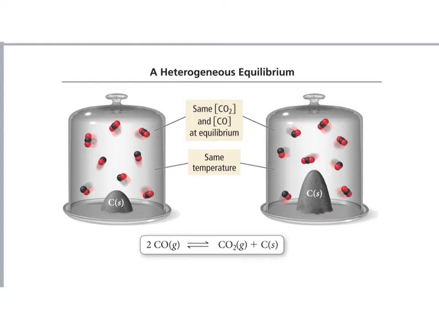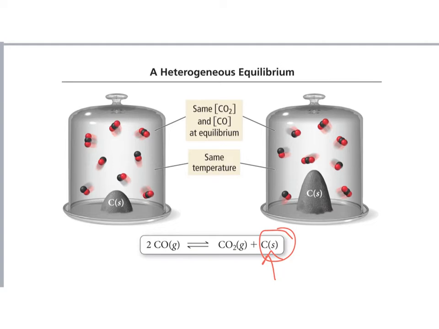So let's look quickly at something we would call a heterogeneous equilibrium, meaning that the standard states of the reactants or the products are not quite the same. In this case, there's not a concentration associated with the solid, therefore it's not part of the equilibrium.